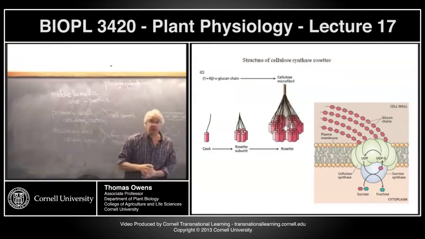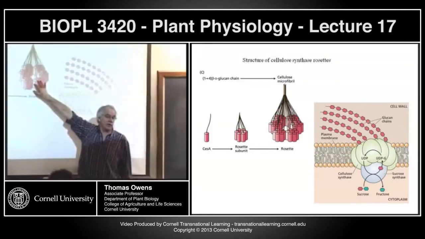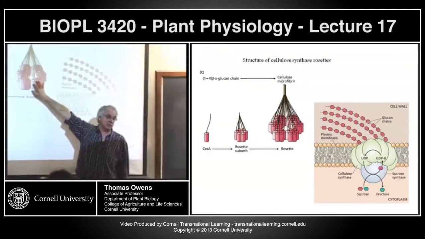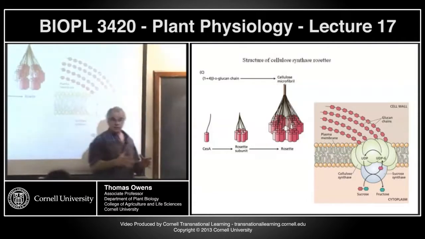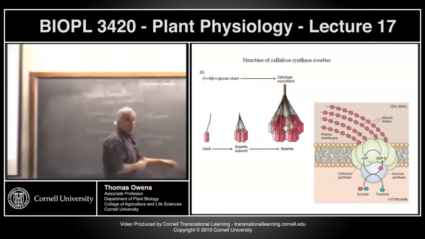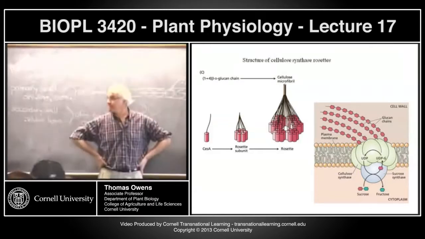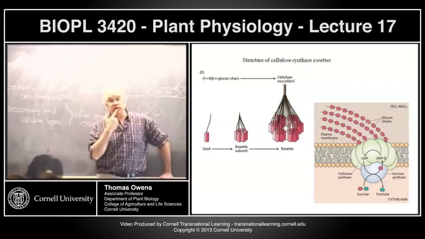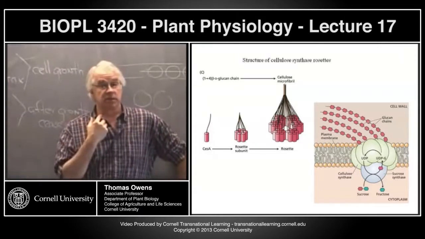So depending upon the type of plant you're talking about, there could be 20 or 40 cellulose synthase complexes in a rosette, or there can be several hundred, depending upon the size of the microfibrils that are being produced by these complexes.